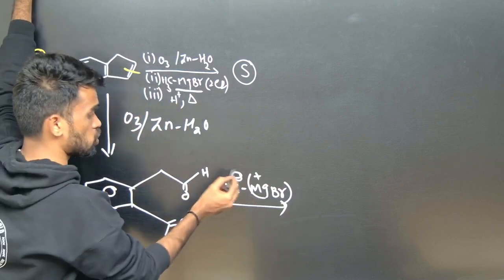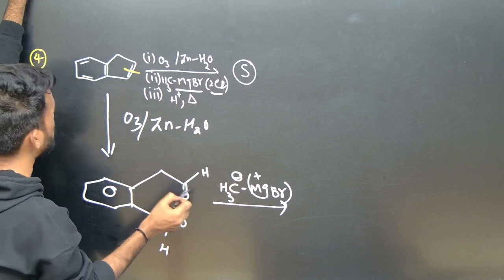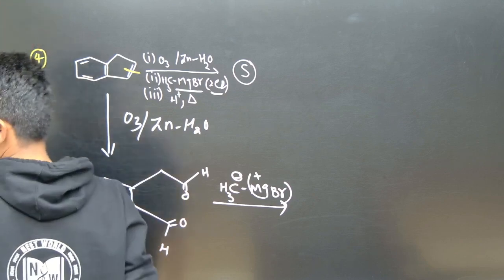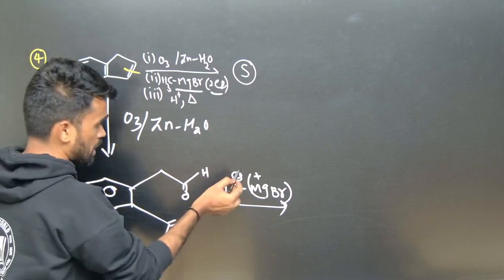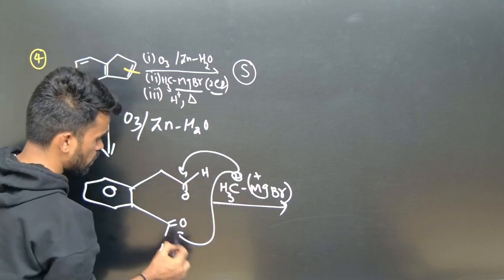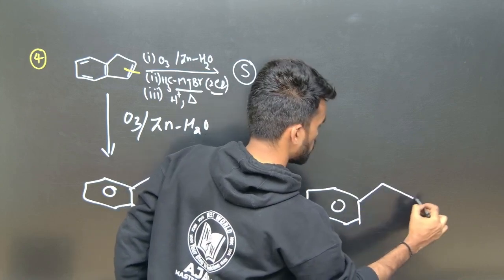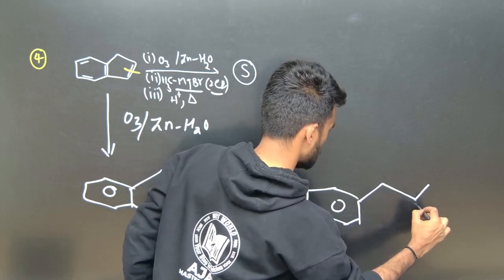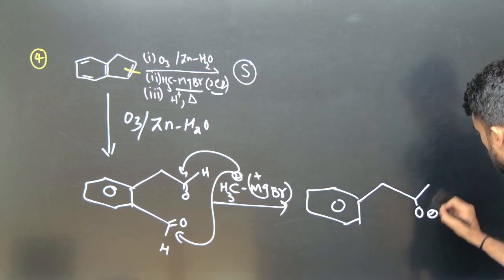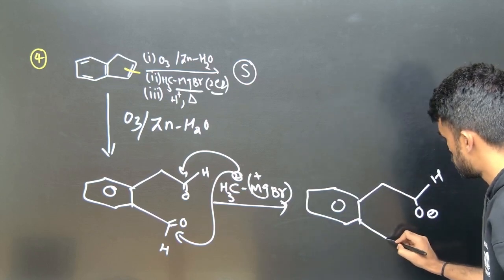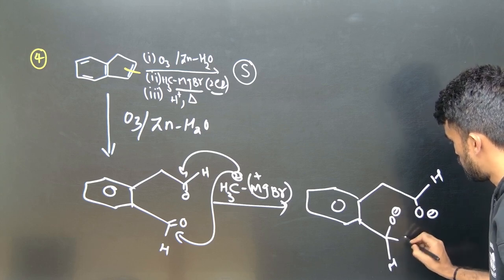Now this is a strong nucleophile and we have 2 equivalents, so both aldehyde groups, here and here, will undergo nucleophilic attack like this. So we will be getting an alcoholic product something like this: O minus, H, and here also H, this becomes O minus and methyl group.